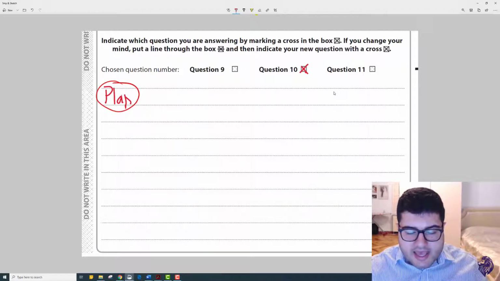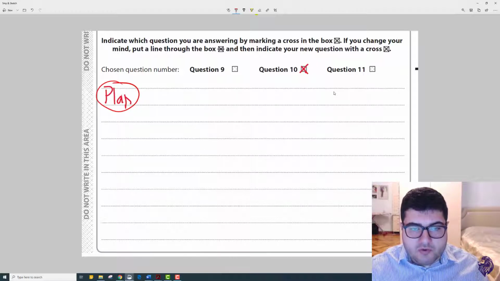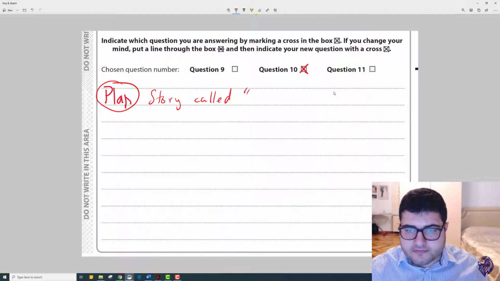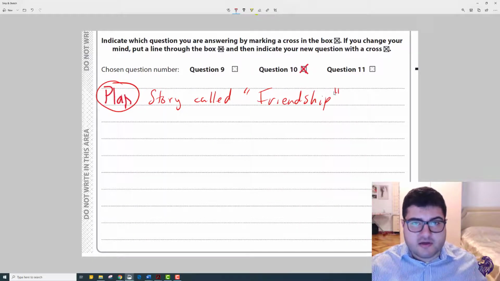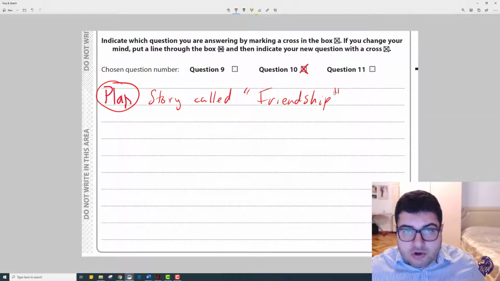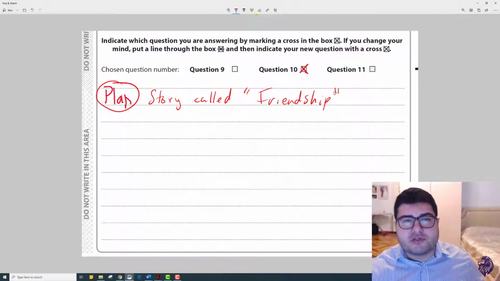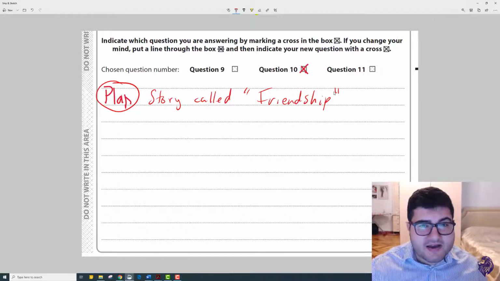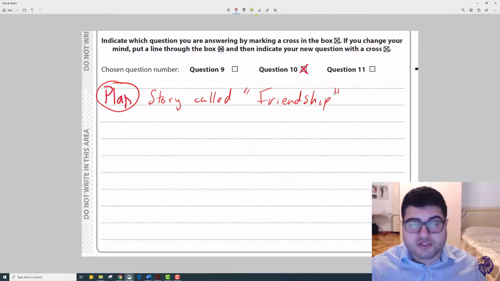And the requirement is that the story needs to be called Friendship. That's kind of the only limiting parameter. So you can't write about your own solo journey through the universe, because it might be hard to find friendship in a solo journey, by yourself.